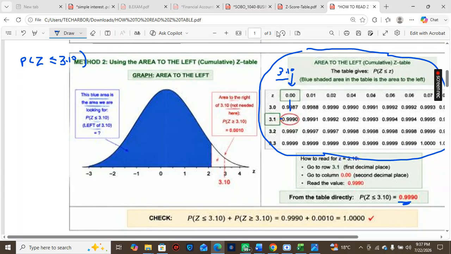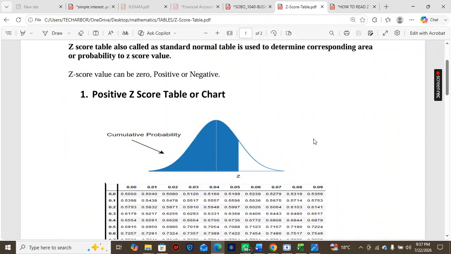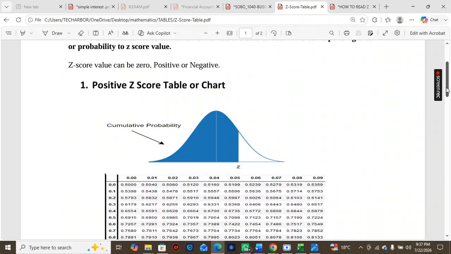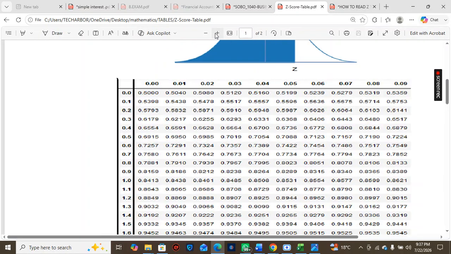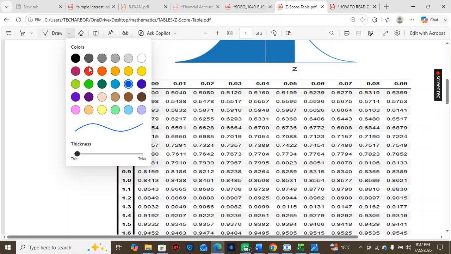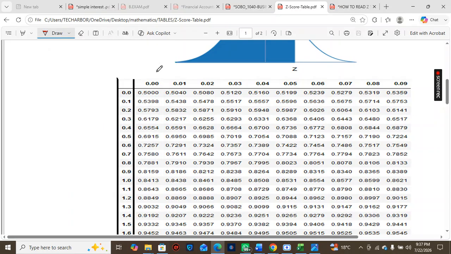Here on the table, have you seen the 0.00? Yes, the 0.00 is here, sir, on the top row here.